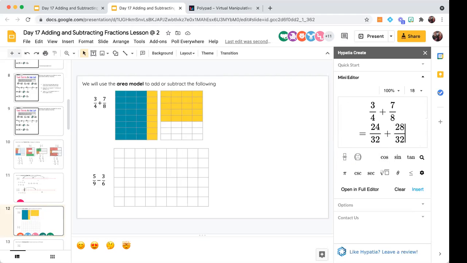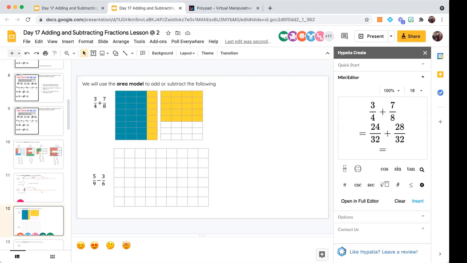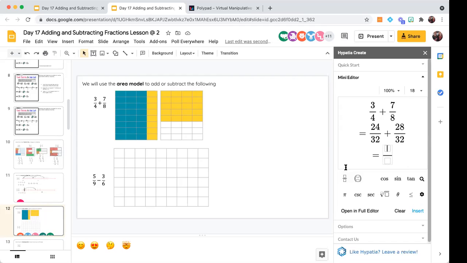When we added all of the blue plus all of the yellow, we were still in 32nds, but we had 52 thirty-seconds. We saw that made one whole box. So we moved some of our yellow parts over, with 1, 2, 3, 4, 5, 20 thirty-seconds left over.